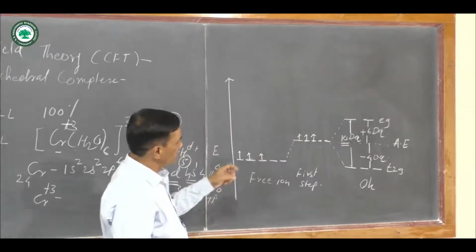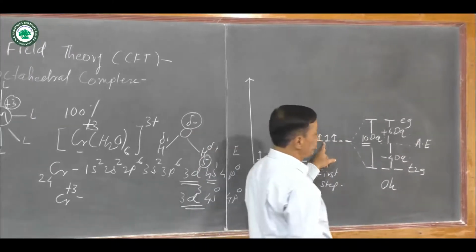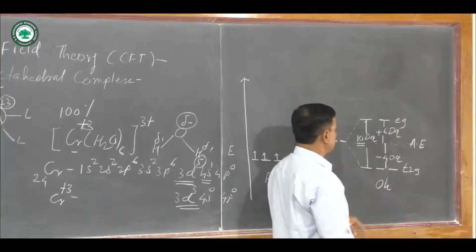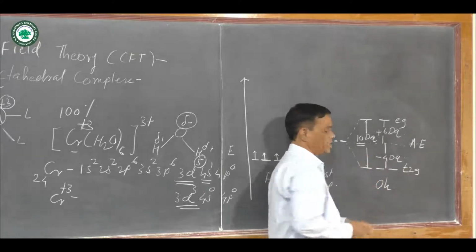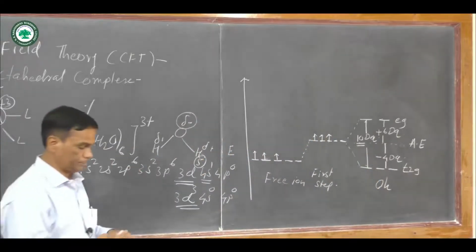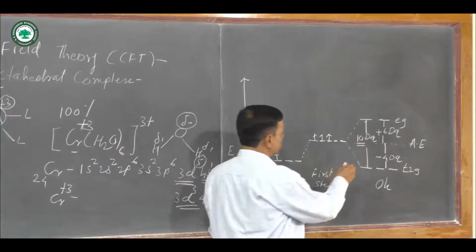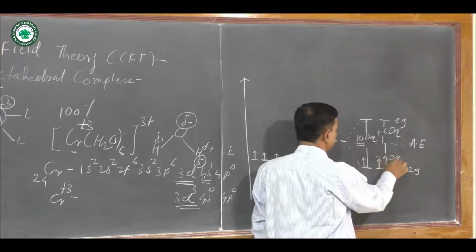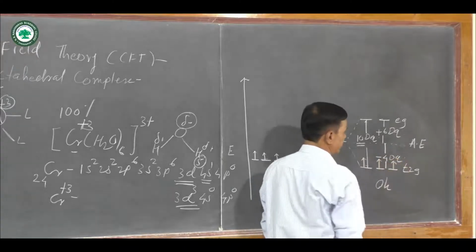If you represent these 3 electrons in that splitting diagram, one electron is here, represented as a single electron, then a second single electron here, and a third single electron here.